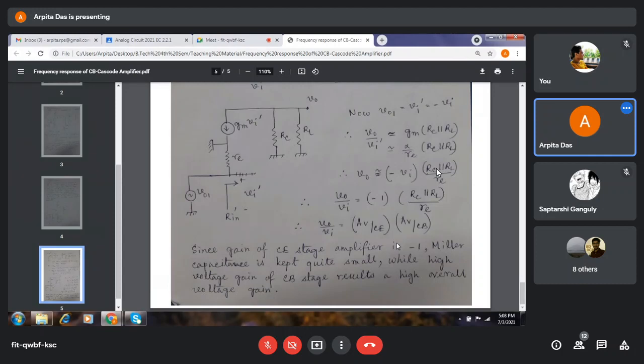In case of Darlington pair, it is similarly used as the CC combination, where the input resistance of Darlington pair is very, very high. It will provide you the unity voltage gain, and the current gain of Darlington pair is very high.